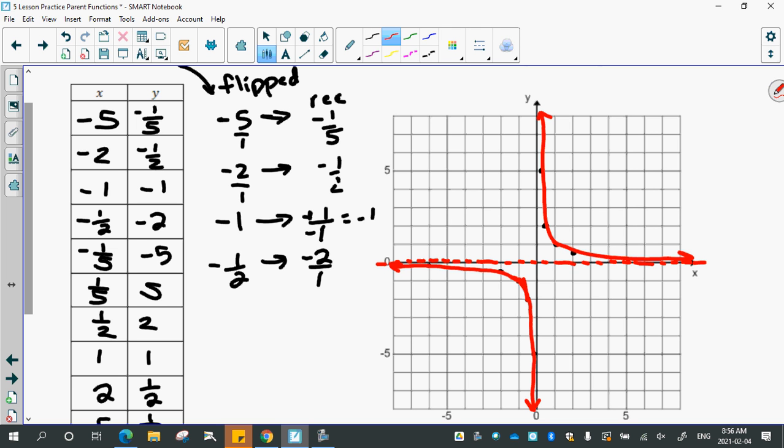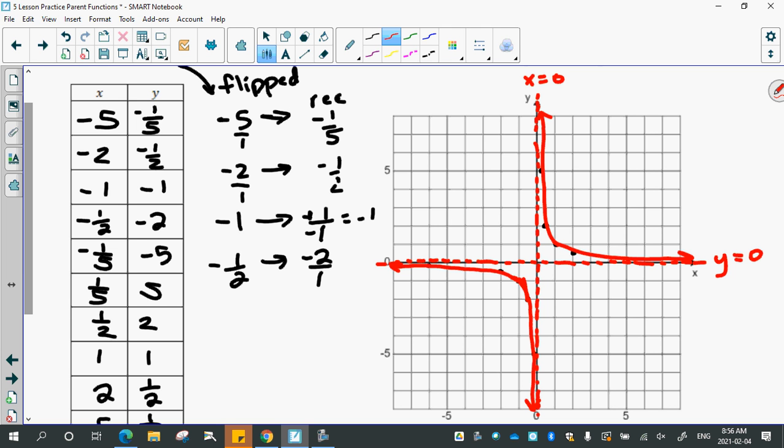This asymptote is along the x-axis, so it has the equation y = 0. And then this asymptote is along the y-axis, so it has the equation x = 0. So that is what the reciprocal function looks like. It's called a hyperbola.